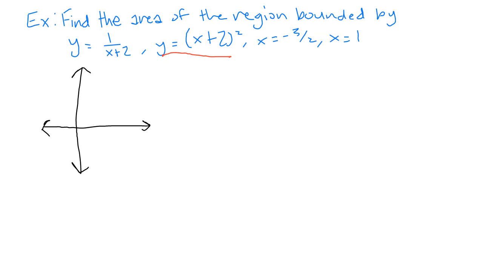It's just going to be shifted over a little bit. Here's going to be our x equals negative 2, and it's just going to look a little something like this. Now we're also going to have our parabola, our x plus 2 squared parabola. So it's just going to be a parabola with a vertex right here at negative 2, 0.